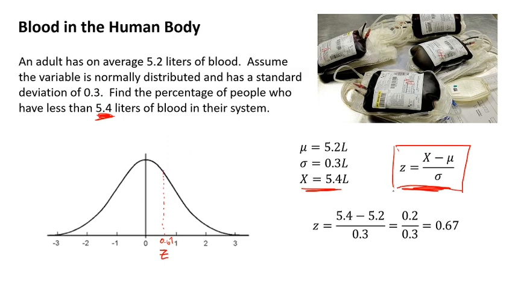And we wanted to translate that to a z value, which will be on the standard normal distribution. So here we are, our value is 0.67, and there it is. And we want to find the percentage of people who have less than 5.4 liters of blood in their system. We want to find the area under the standard normal distribution curve where z is less than 0.67.